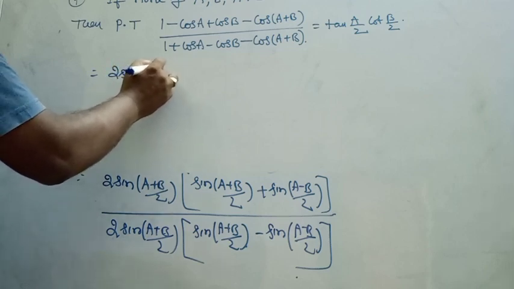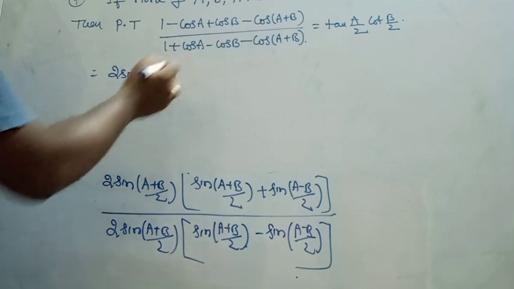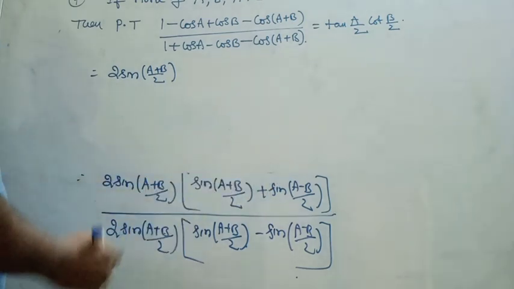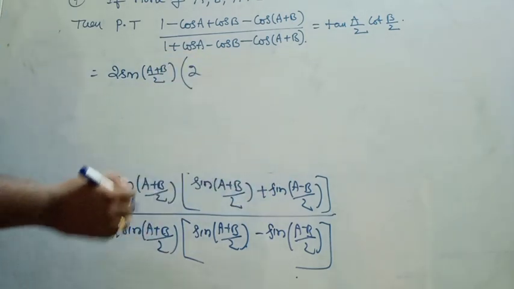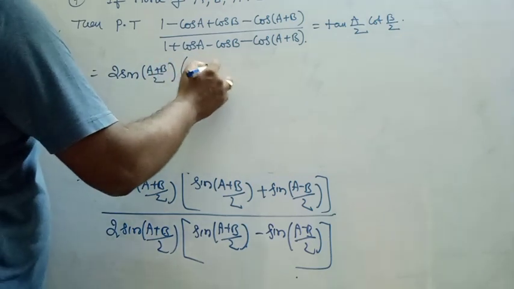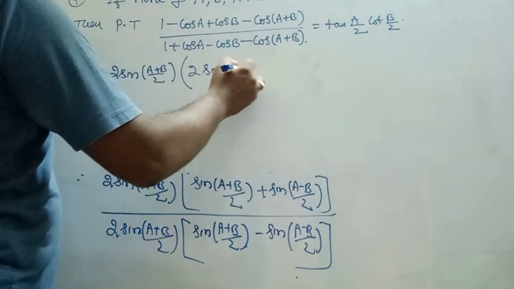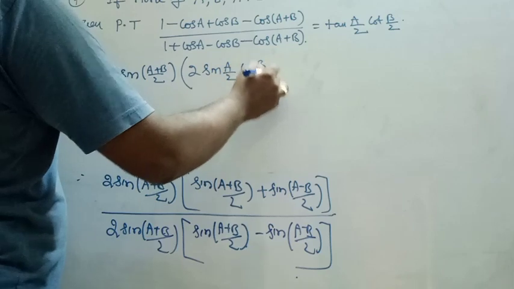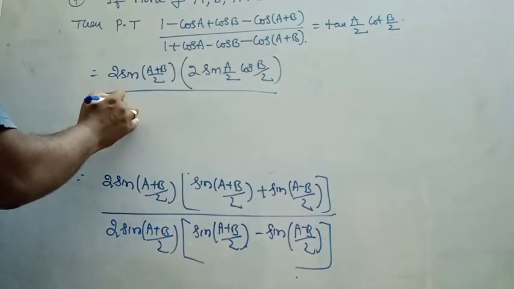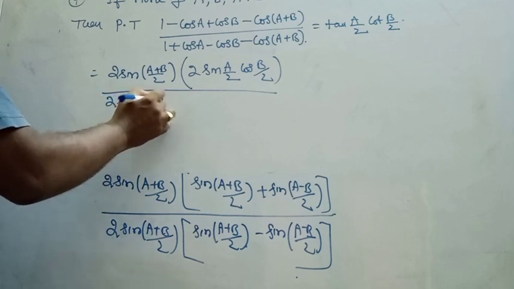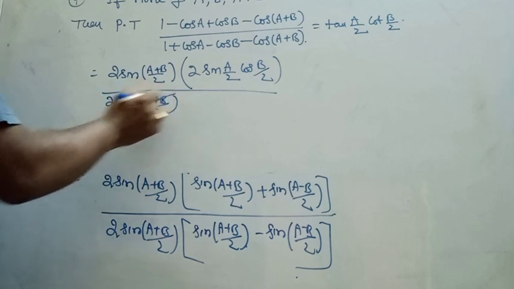Now this is equal to 2 sin A plus B by 2 into sin A plus B by 2 plus sin A minus B by 2. That is equal to the sin A plus sin B formula, that is 2 sin A by 2 into cos B by 2, like this, right? Whole thing divided by, and here also 2 sin A plus B by 2. We have this common, and of course this will be cancelled.